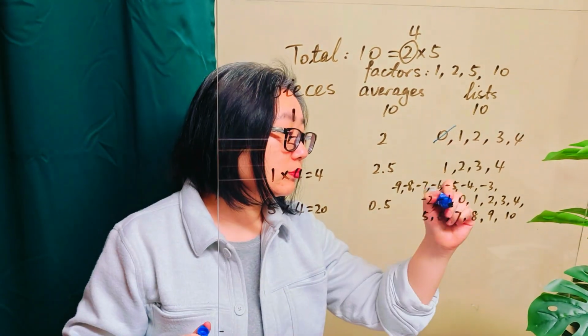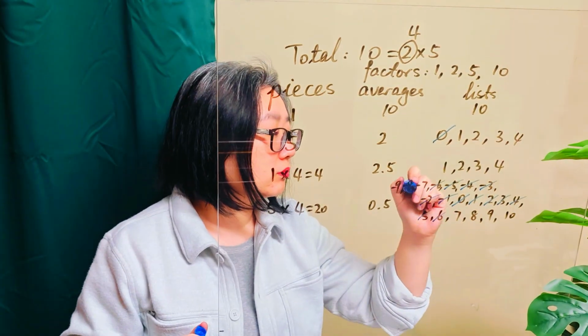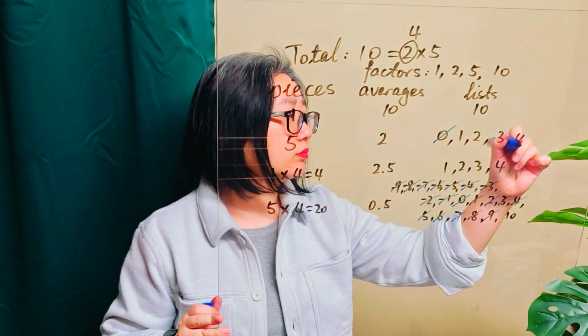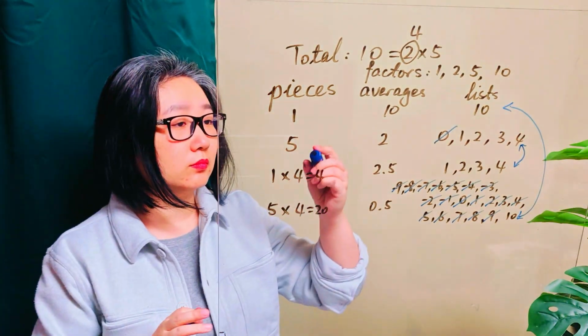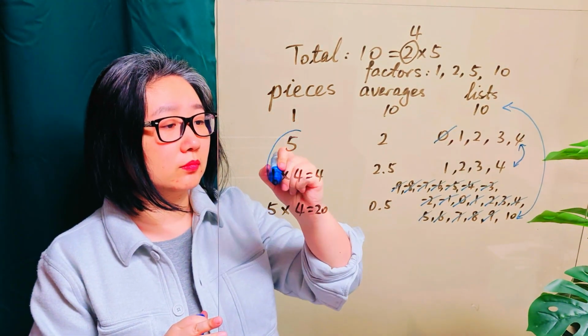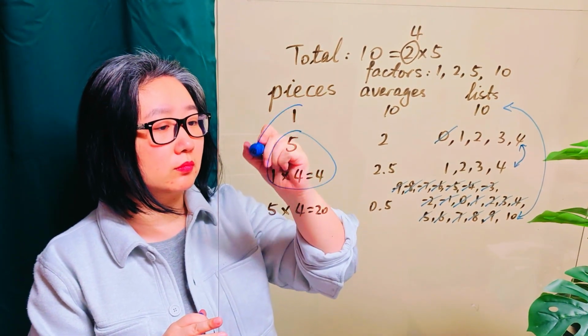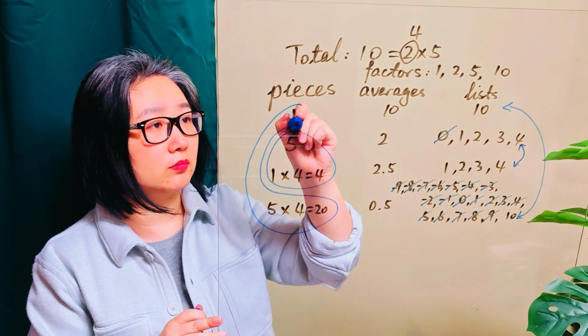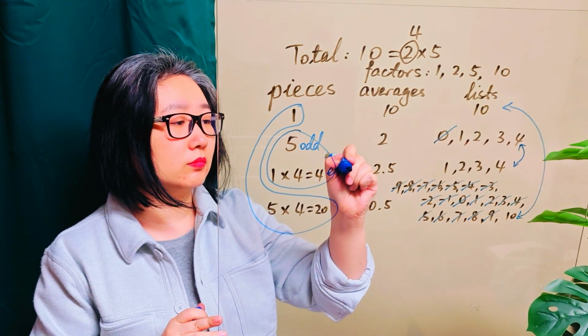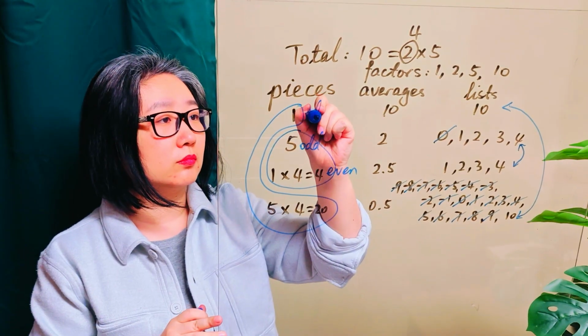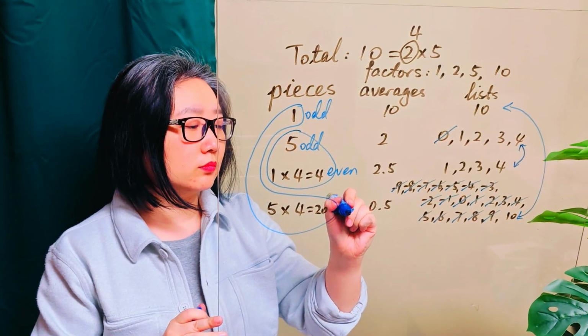If we take away the zeros and cancel out the positives and negatives, these two are the same, and these two are the same. These lists come in pairs, and only one of each pair is made up of all positive integers. Notice that the pairs are always made up of an odd number of consecutive integers and an even number of consecutive integers.